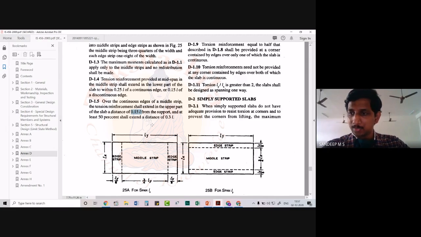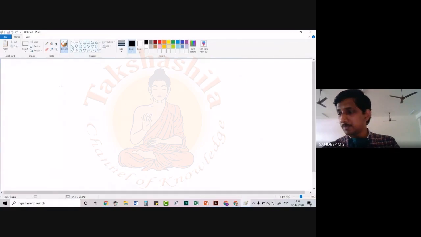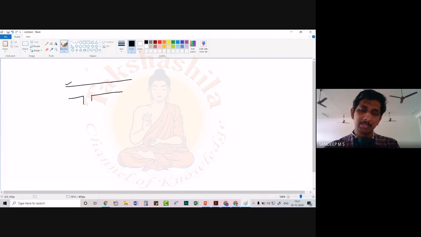So to make things more clear, basically this will be the case. So we have a continuous slab like this. This end is continuous. Okay. So basically we have designed something like this, and this should be bent up. And here also it is continuous, so it will have the same case.